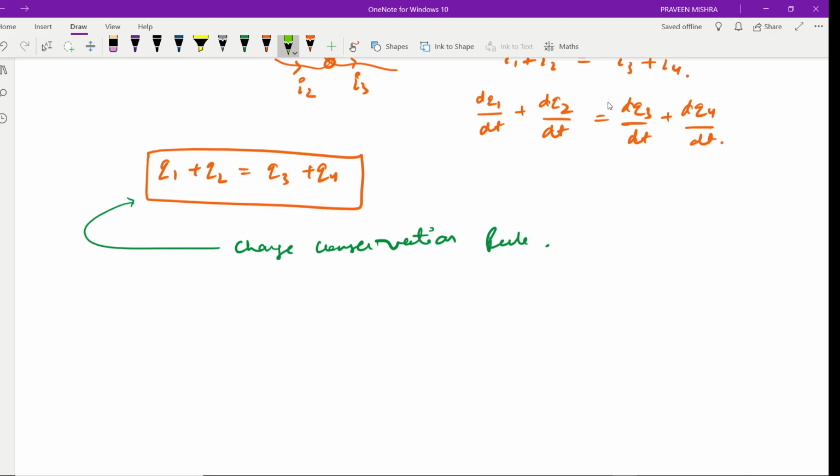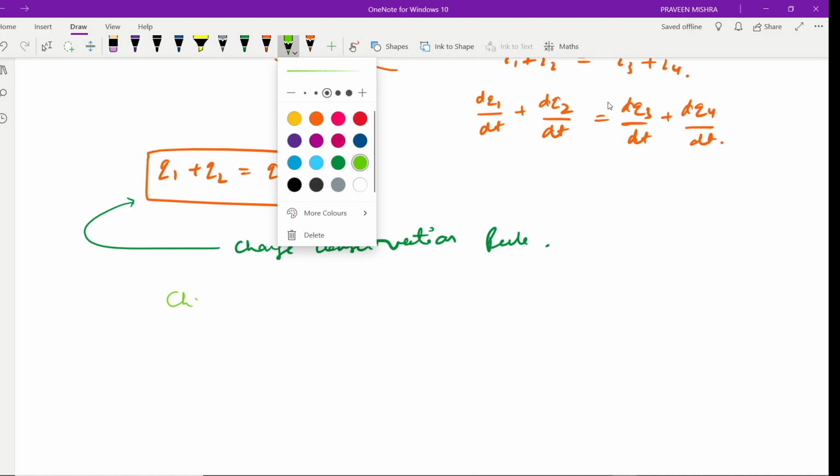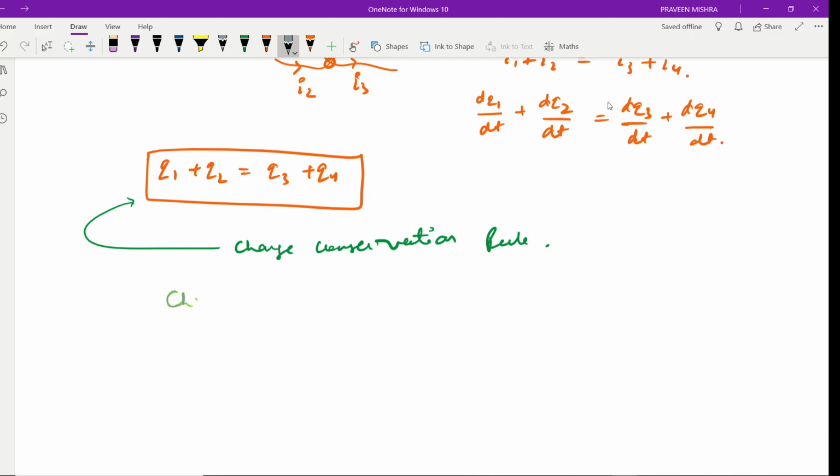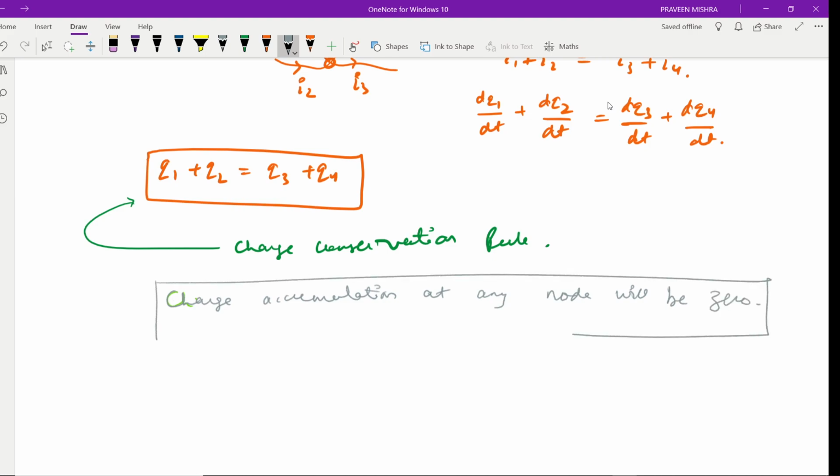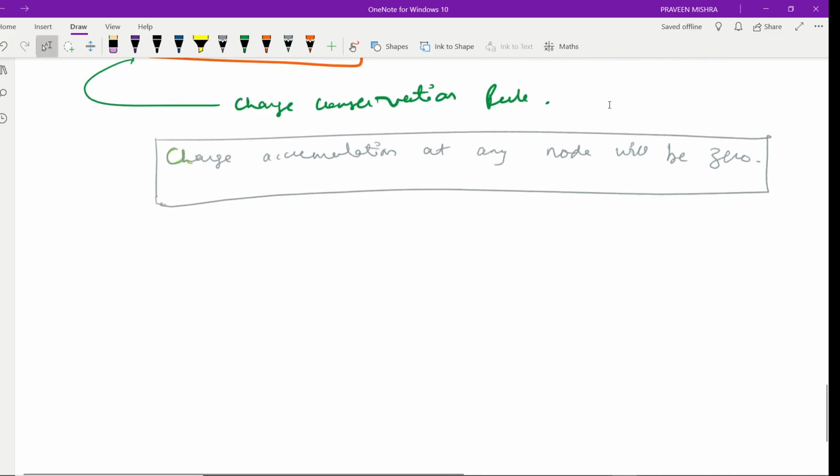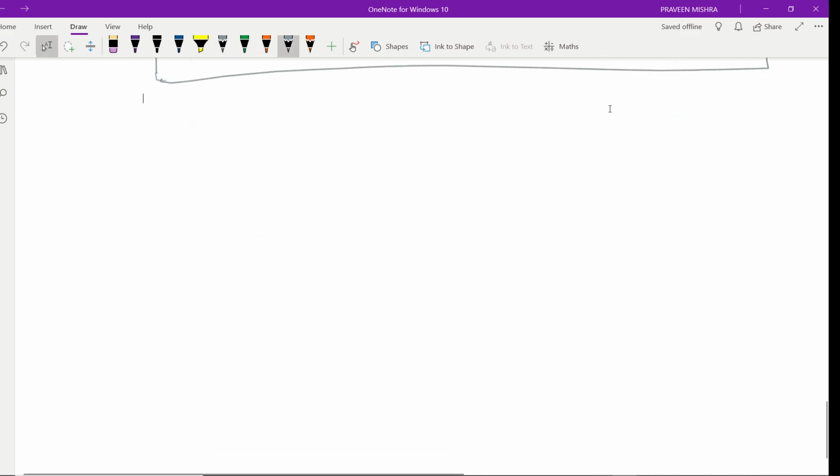In that case, you have to say charge accumulation at any node will be 0. Okay. This is the main definition of KCL.